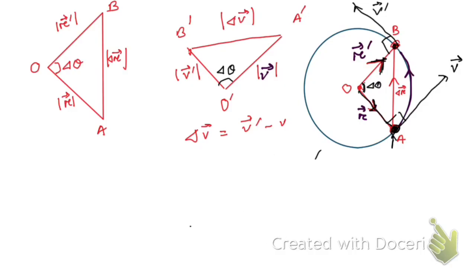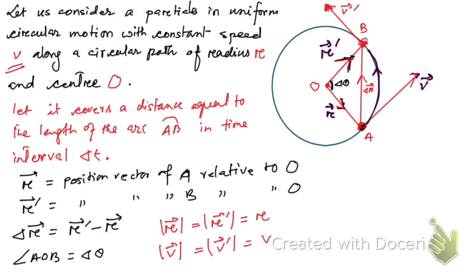Now you see acceleration. We know that acceleration is the rate of change of velocity, so del v, the change in velocity, divided by del t, the time, as I have already mentioned. The particle covers a distance equal to the length of the arc AB in time interval del t.